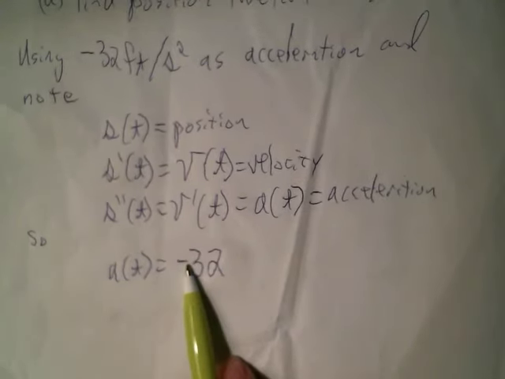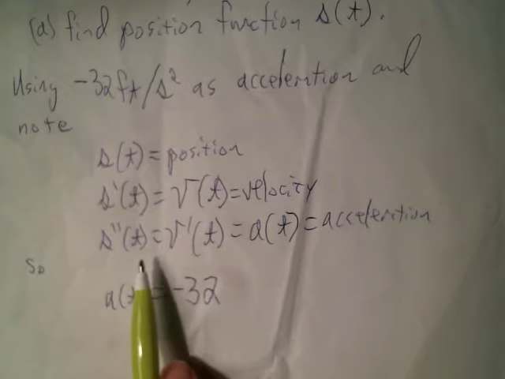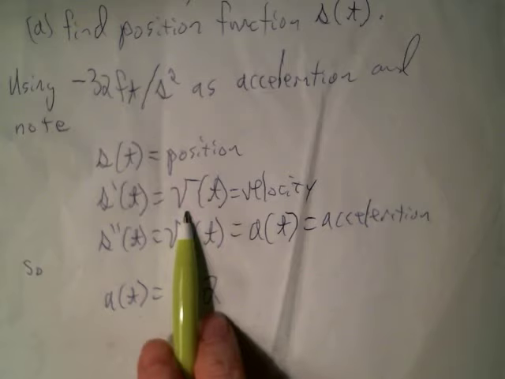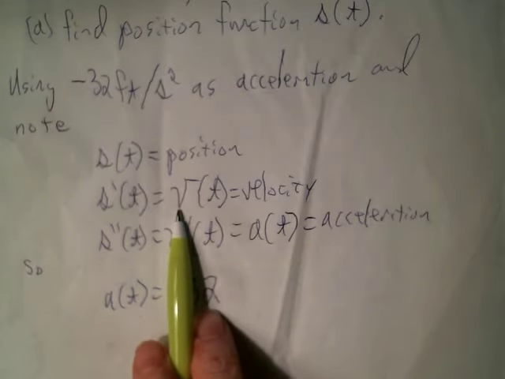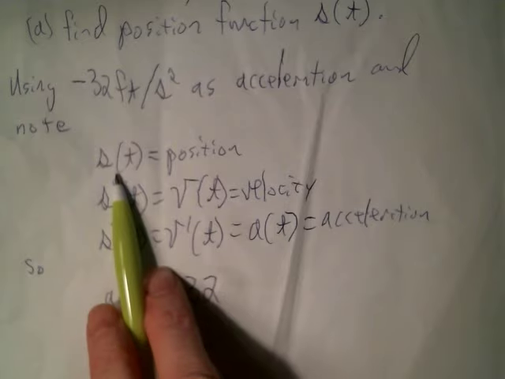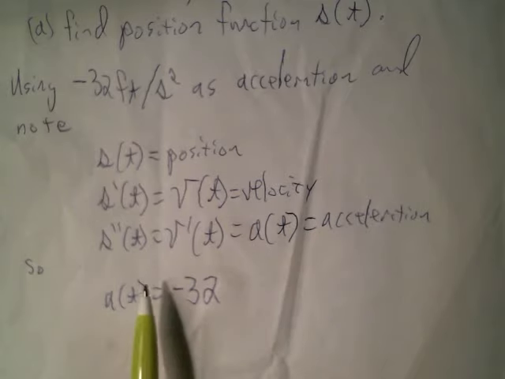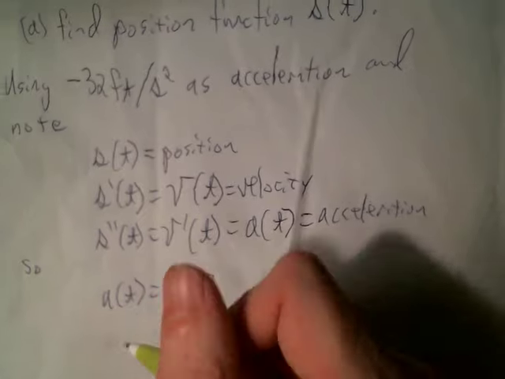So to get to the position function, we're going to be taking antiderivatives. If I step up one level from acceleration, I'll get back to velocity. If I step one level up from velocity, I'll get back to position. So instead of taking derivatives twice to get here, now I'm starting here and anti-differentiating twice.